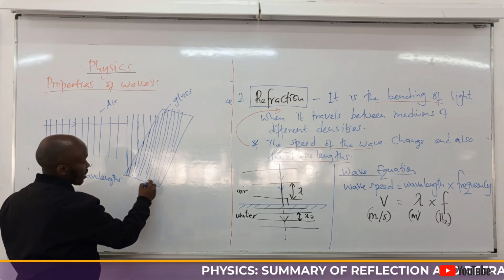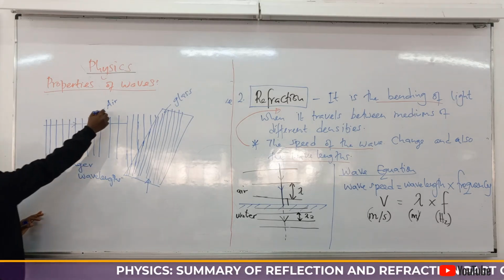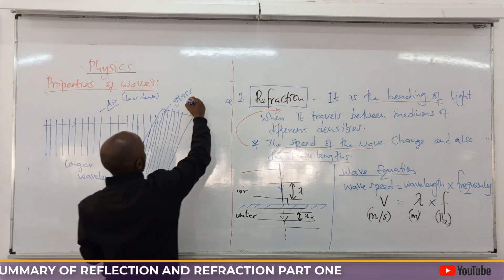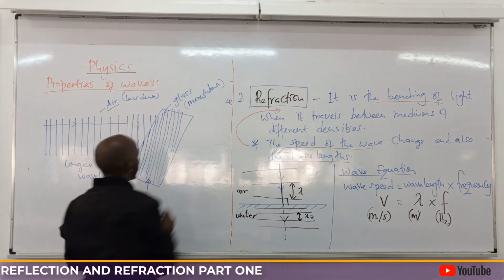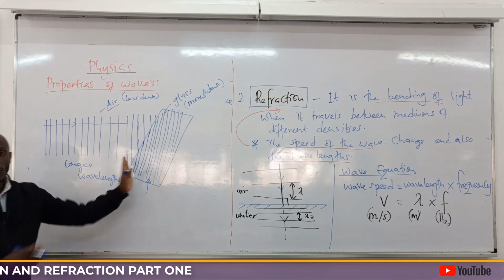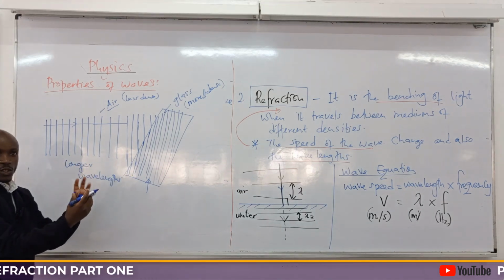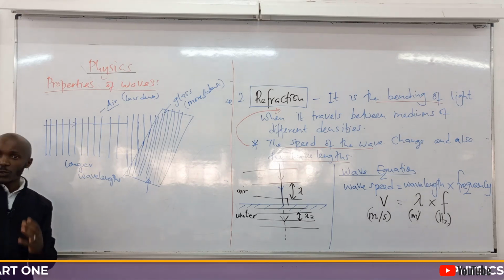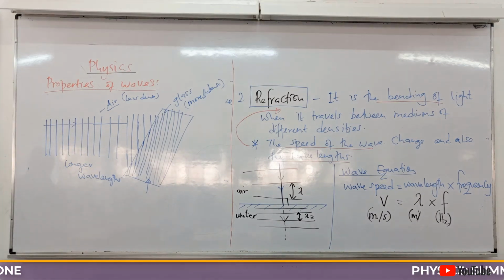Once it gets to a denser medium, this is in the less dense medium. This is quite less dense. So once it gets to glass, which is more dense, what happens again? The wavefronts squeeze in, or they tend to be concentrated together. You understand?